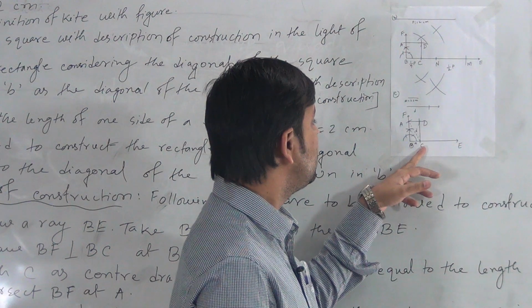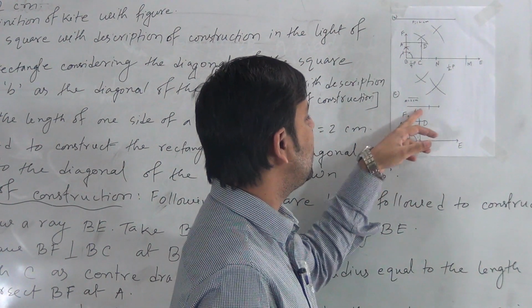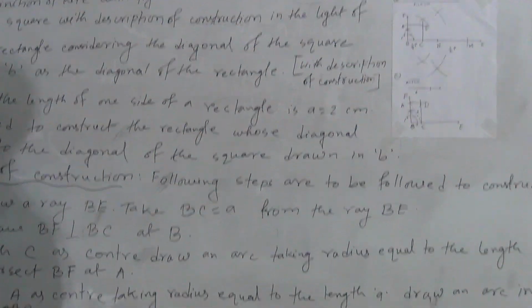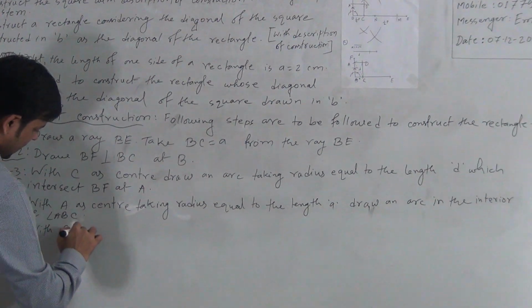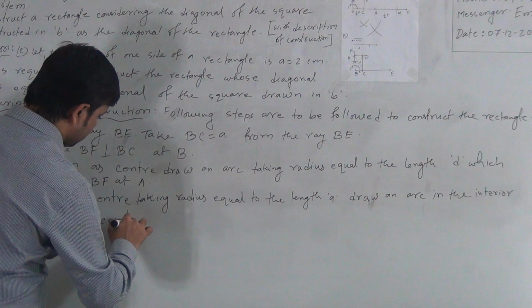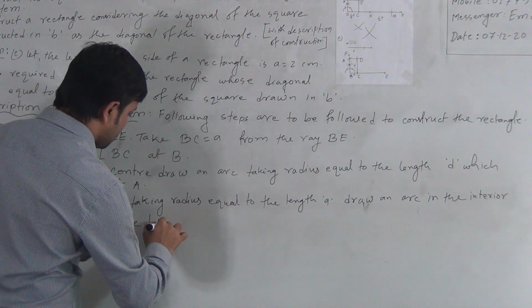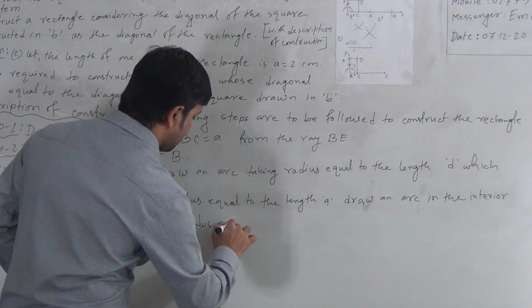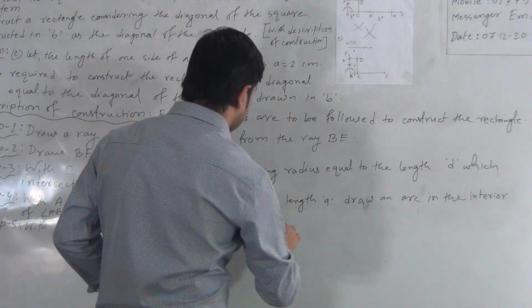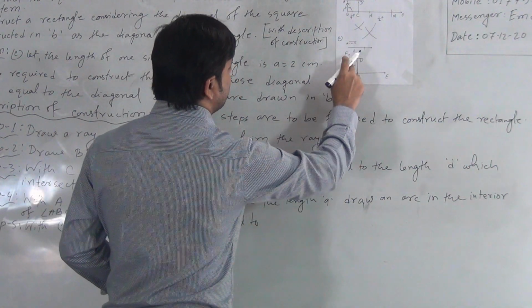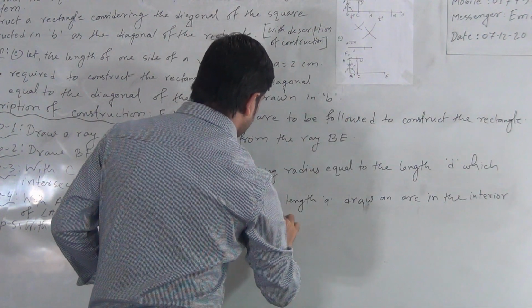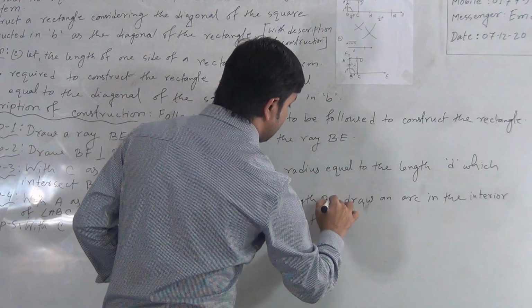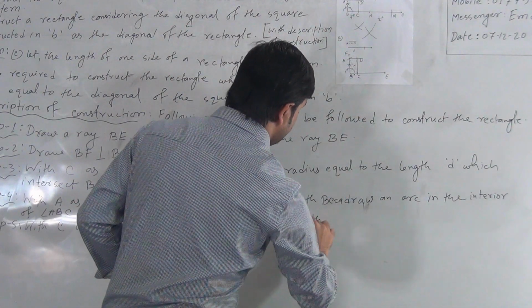With C as center, taking radius equal to the length, not D here, this A means BC equal to A, and here the length AB.